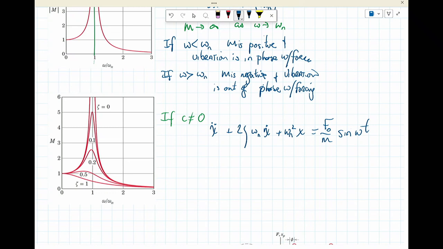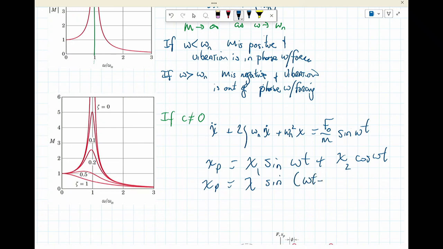So the particular solution is going to be x1 sine omega t plus x2 cos omega t. X particular is also X sine omega t minus phi.